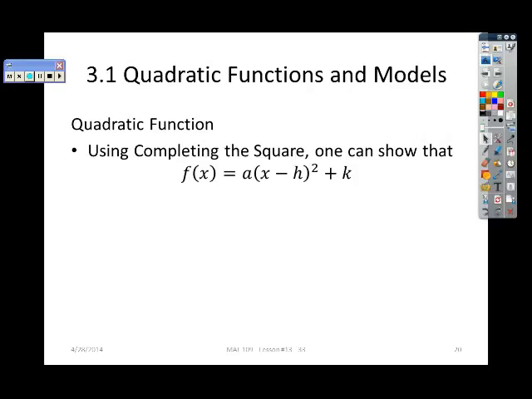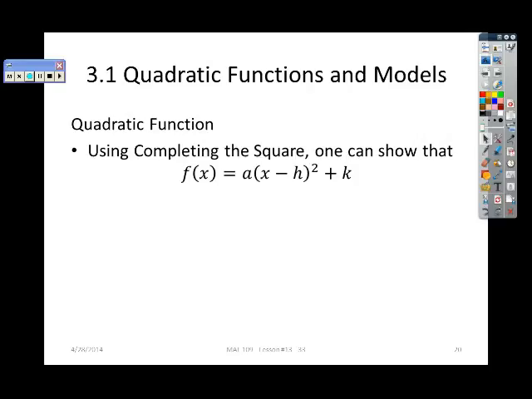If you remember, when you draw the graph of a quadratic equation, it's a parabola. A parabola has a minimum or a maximum. That minimum or maximum is the vertex. It has an opening direction. Well, in this form of writing the quadratic function, we can read off the location of the vertex without doing any calculation at all.